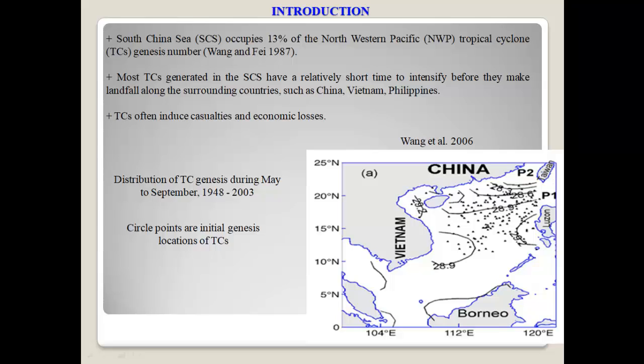In this spatial distribution, we can see most TC genesis is located in the north of the South China Sea. The data is calculated from May to September, the peak stormy season.